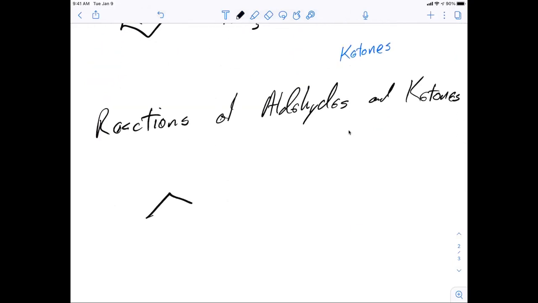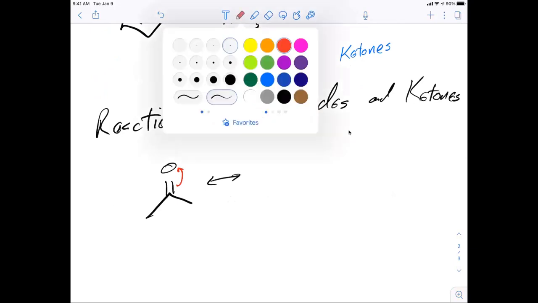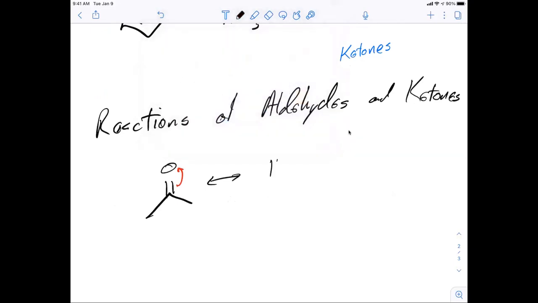The first thing we need to think about on the aldehydes and ketones is that we can draw these electrons going up to give us a resonance structure, where the oxygen would have a negative and the carbon would have a positive. So when we think about our carbonyl, we can think about it as a partial positive and a partial negative.